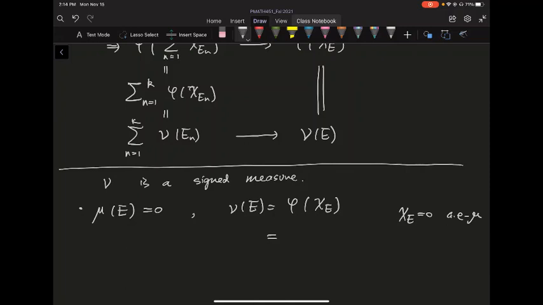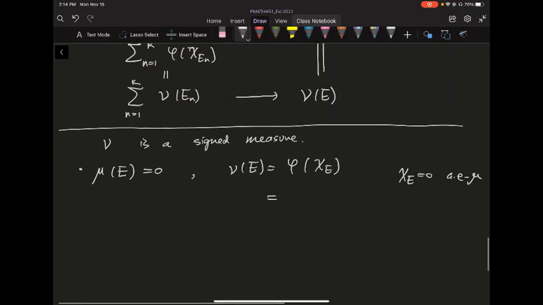And in the L^p space, if you only differ on a null set, they're basically the same function. You quotient out all these kernels. So this is essentially the same as phi of the 0 function, which we saw is equal to 0. So nu of E is also equal to 0. Basically that proves nu is absolutely continuous with respect to mu.